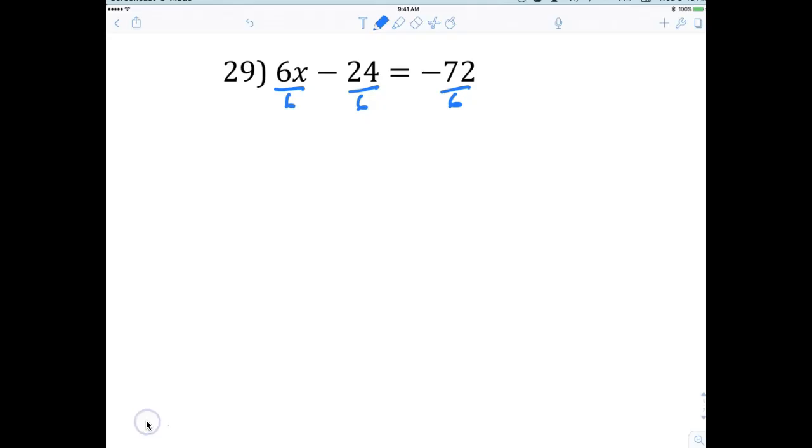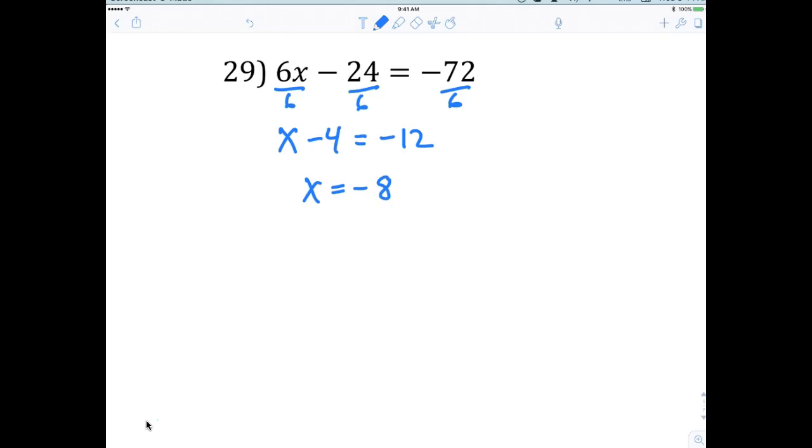So I can tell you that x minus 4 is equal to negative 12. And so x was equal to what? Negative 8. x is equal to negative 8. Is everybody good with that?